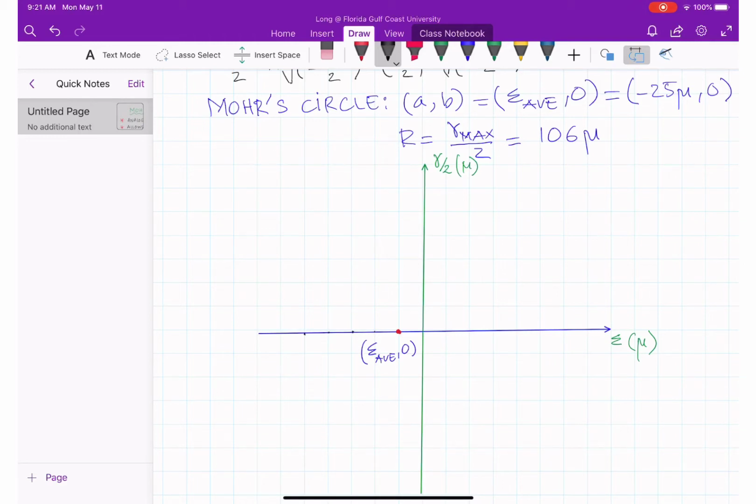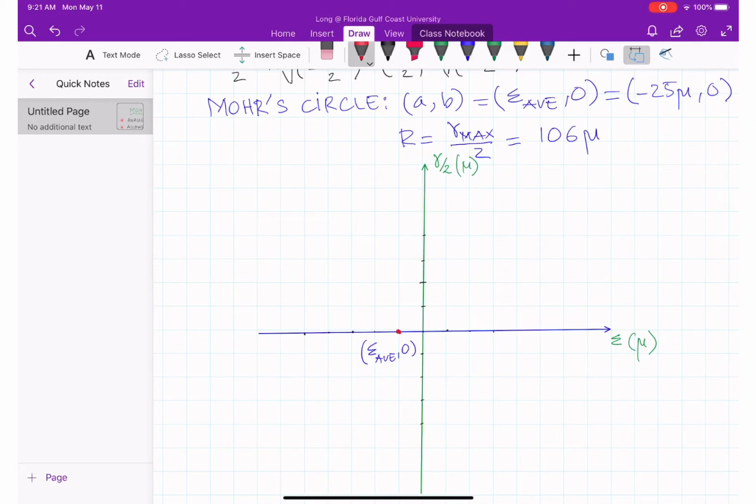So it will be here 25, another 50 from the center, 75 and 100. Negative 25, negative 50, negative 75, negative 100, and 106 micro, and gamma max over 2.